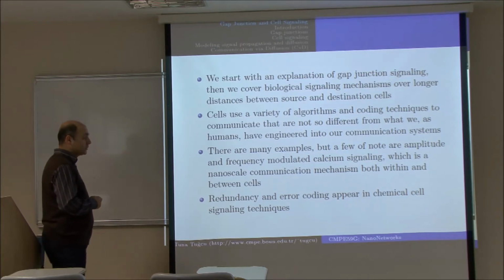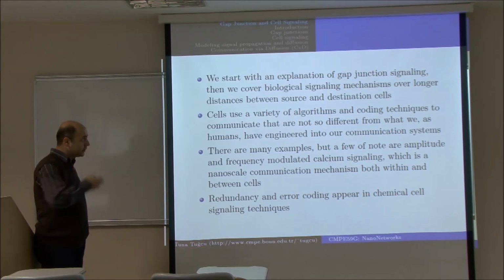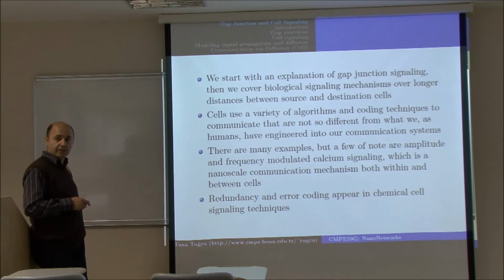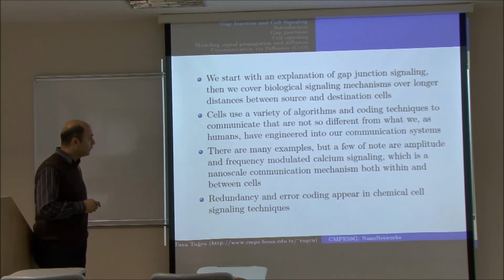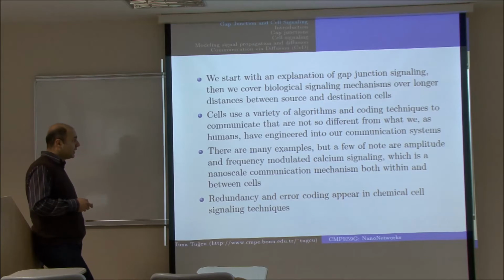Typically, cells use several different mechanisms for communication and also for coding, which are not so different from what we are using at the human scale for our engineered systems.